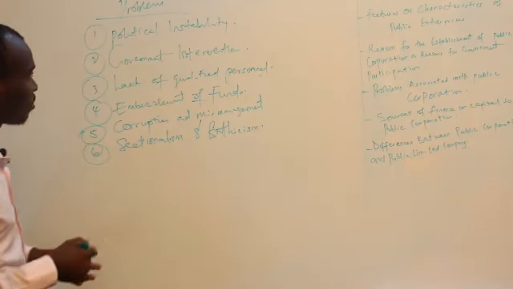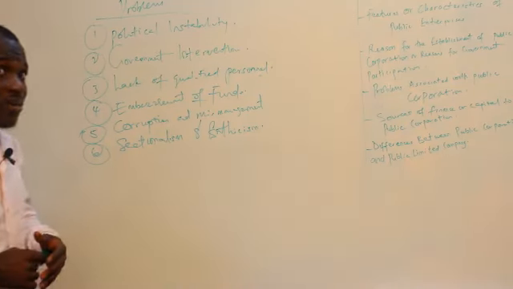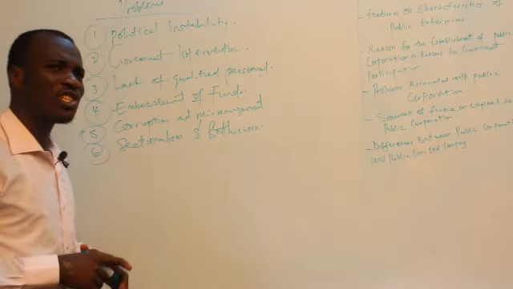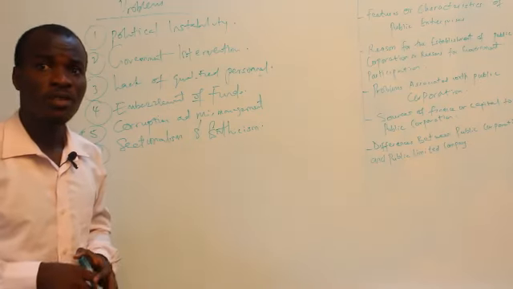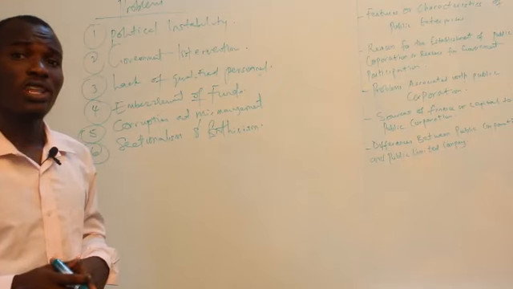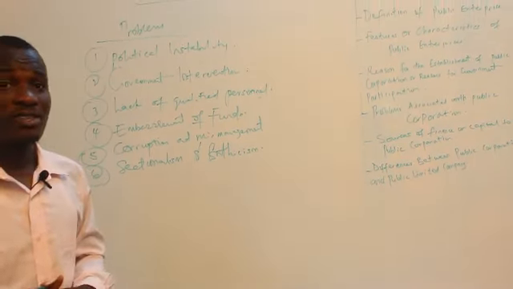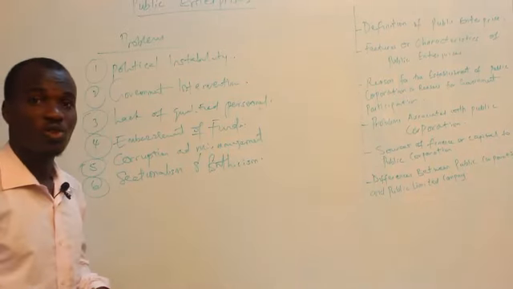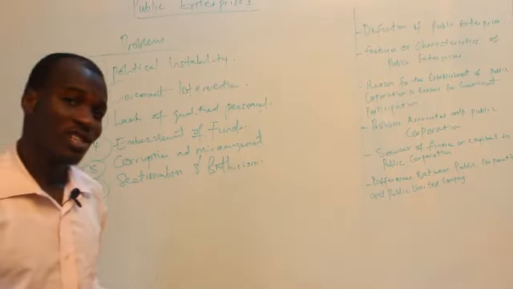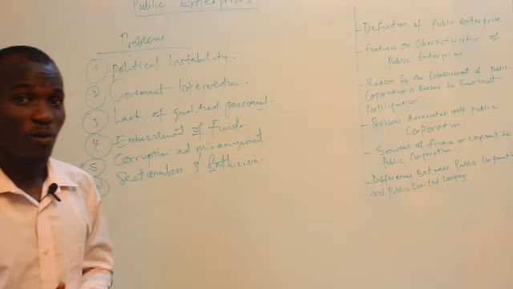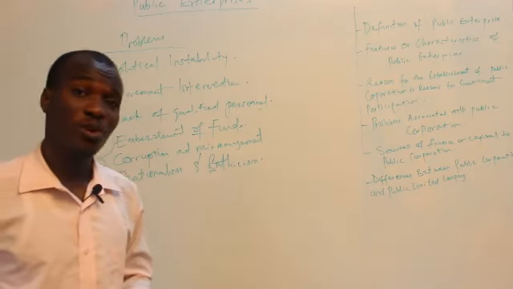So let's look at the following aspect: political instability. Frequent change of government of the country usually affects the public corporations. Change of government from military to civilians affects the control and management of public corporations.